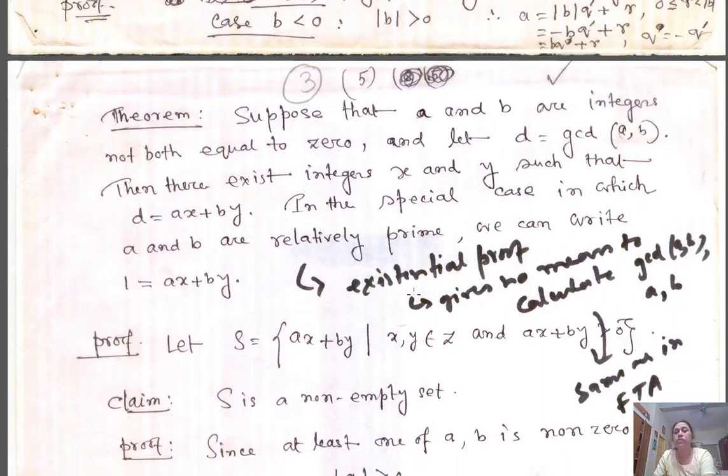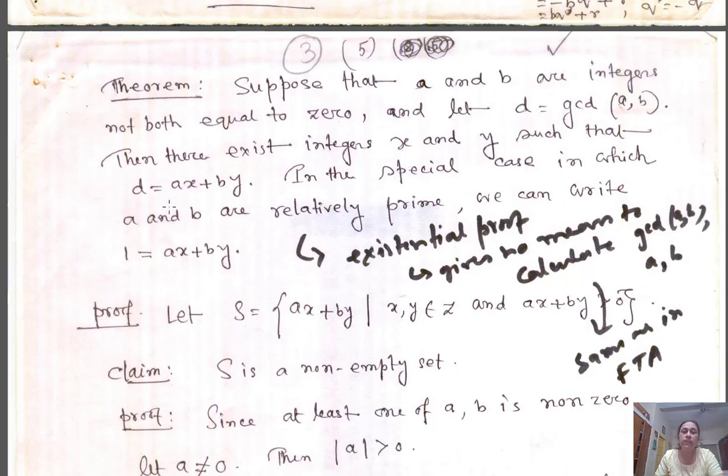Now this theorem is also called Bézout's identity. It says that if a, b are two integers not both equal to 0, and d is the GCD of a, b, then there exist integers x and y such that the GCD can be written as an integer linear combination of a and b, that is, d equals ax plus by.